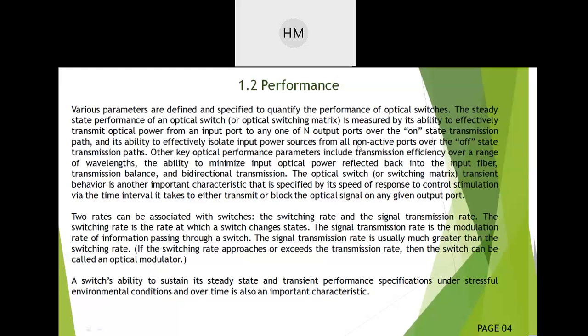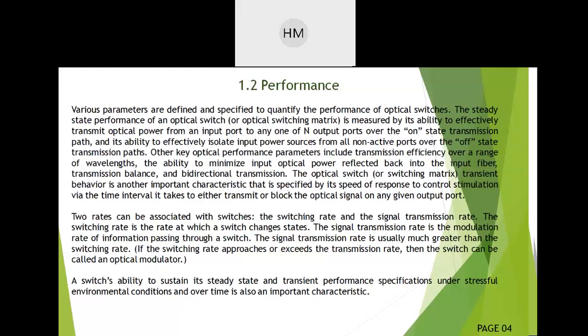Okay, student, by the diagram you understand this concept over the on-state transmission path and its ability to effectively isolate input power sources from all non-active ports over the off-state transmission path. Either switch will be on or off, active ports, non-active ports.